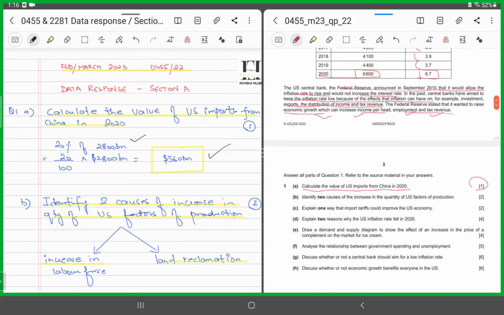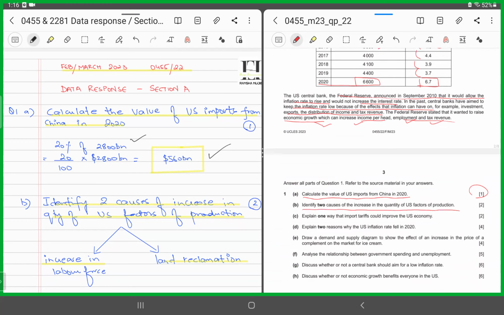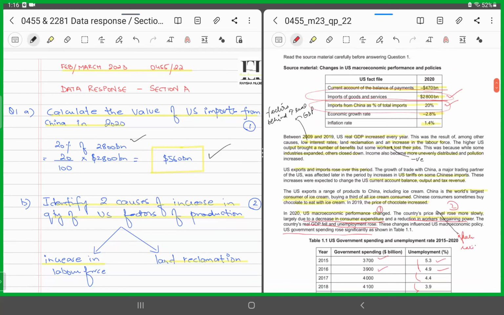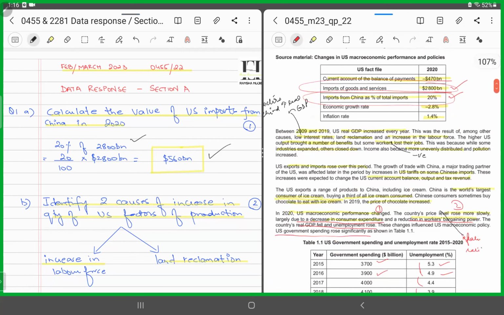All right. Part B says identify two causes of the increase in the quantity of US factors of production. So now you're going to identify any two reasons that contributed to the increase in factors of production. Now we found that earlier. Remember, it's the second line. They said that the real GDP rose each year. So what were the factors behind it?